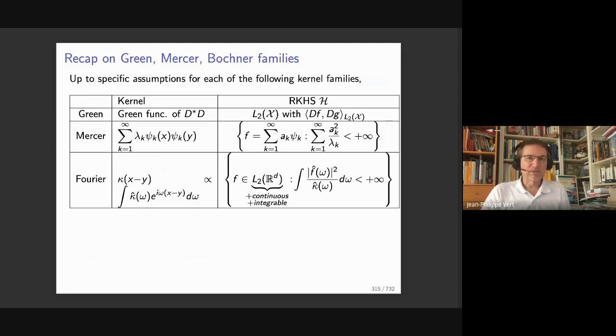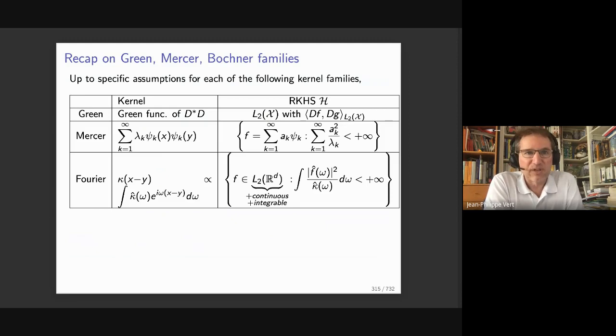But also I hope it convinced you that for translation invariant kernels, we have a quite good understanding of when a kernel is positive definite, and even more importantly, what is the RKHS and what is the prior knowledge we put when we choose a kernel which is translation invariant. It corresponds to a function space which can be characterized, in the Fourier domain, by how we penalize different frequencies and how this translates into the norm in the RKHS.